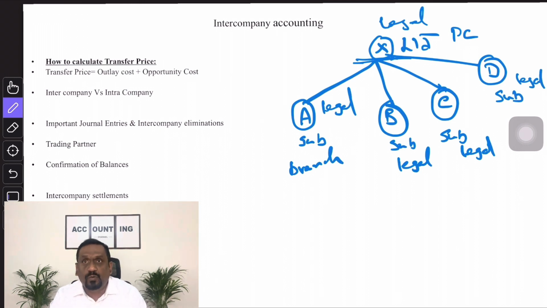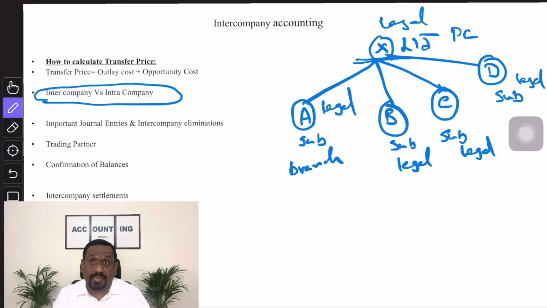Now, our scenario is what? Intercompany transactions. What do you mean by intercompany transactions? The transactions that happen between different legal entities are intercompany transactions. So that is the difference I wanted to highlight here. Intercompany versus intra-company. If it is intra-company, the parent company will be one legal entity.